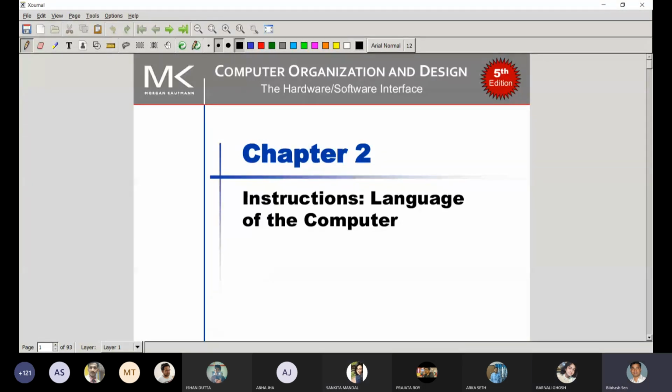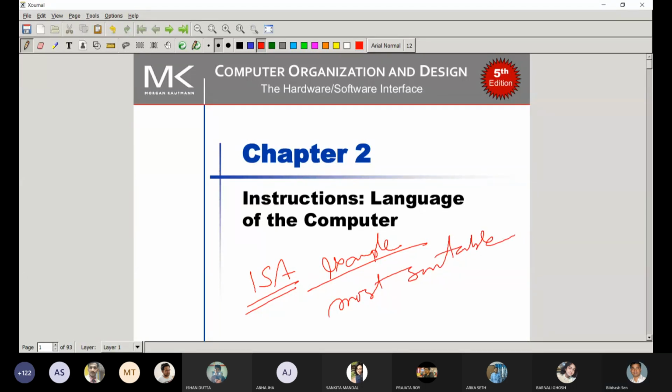Whatever we've discussed so far about instruction set architecture, ISA, now we are coming very close to the example, or the most suitable architecture of ISA which was generally used.